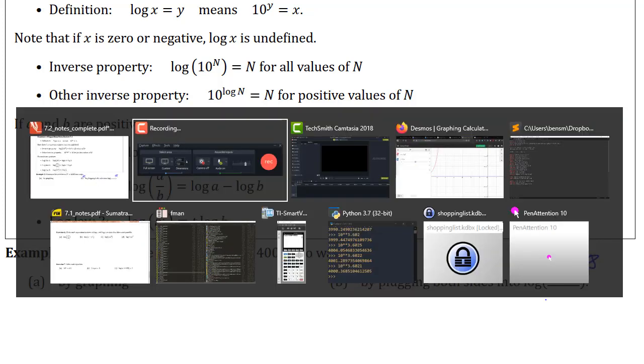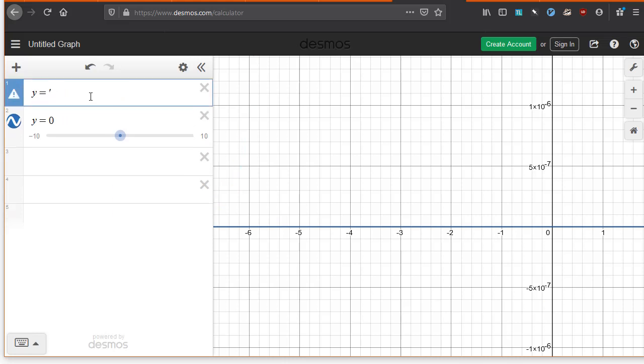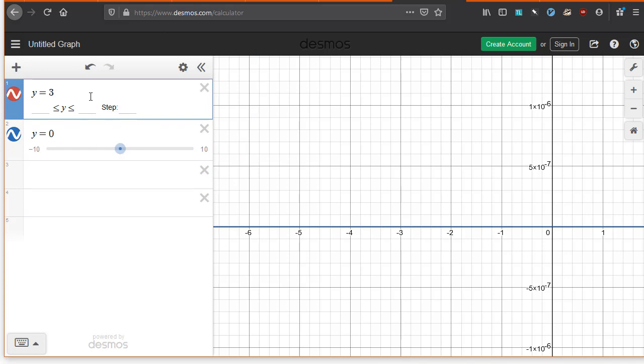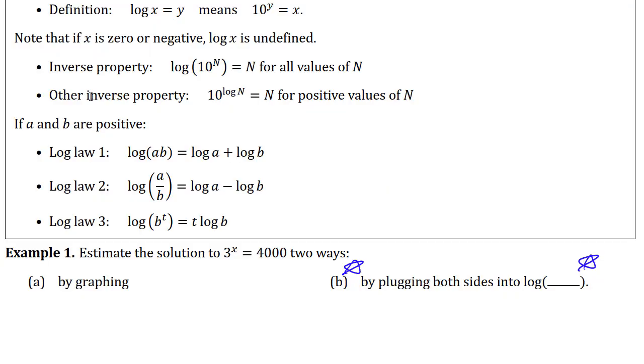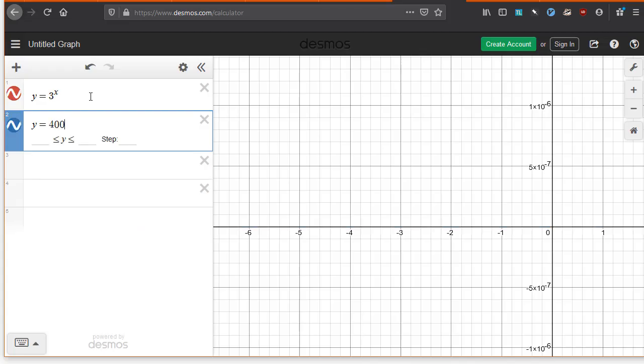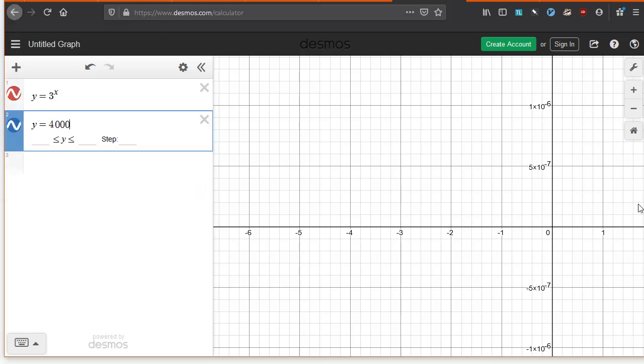But first, let's solve this by graphing. We want to graph y equals 3 to the power x. And we also want to graph y equals 4,000, and see where these intersect here.